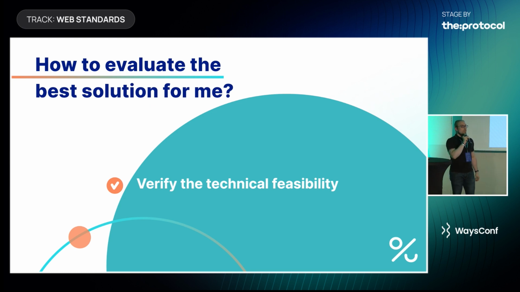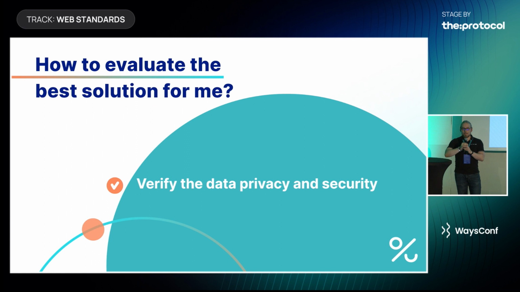So it's something that you will have to ask around, ask your development team, and ask those questions later on to the provider that you are shortlisting. You have to verify the data privacy and security requirements that you have. It's also something that you need to think about, what kind of data you want to share with your new provider.